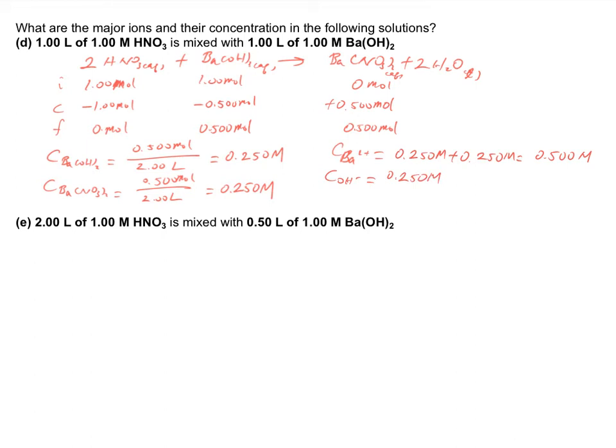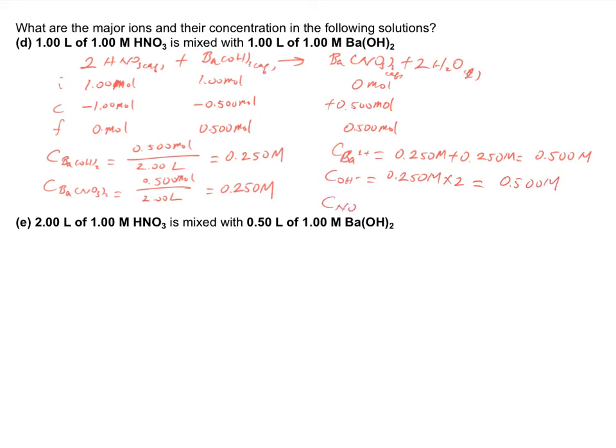And the concentration of hydroxide ion is 0.250 molar right here, but 1 mole of barium hydroxide gives 2 moles of hydroxide. So the concentration of hydroxide is this times 2, which is also 0.500 molar.